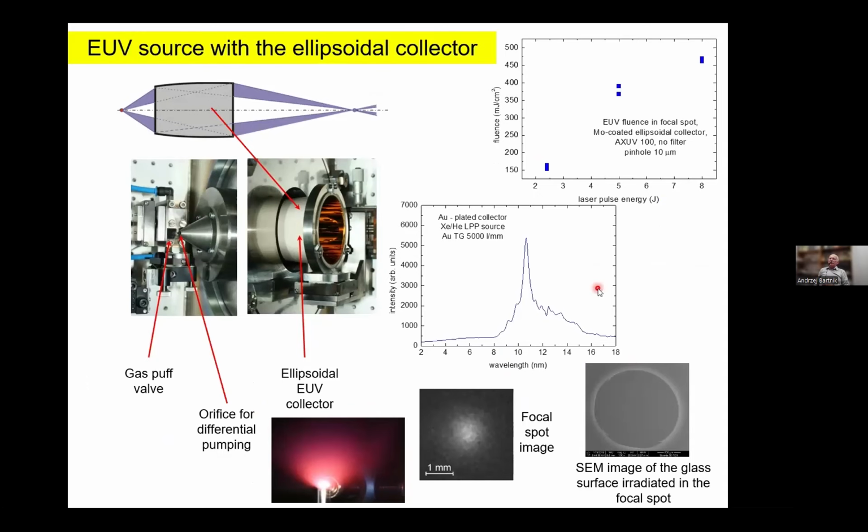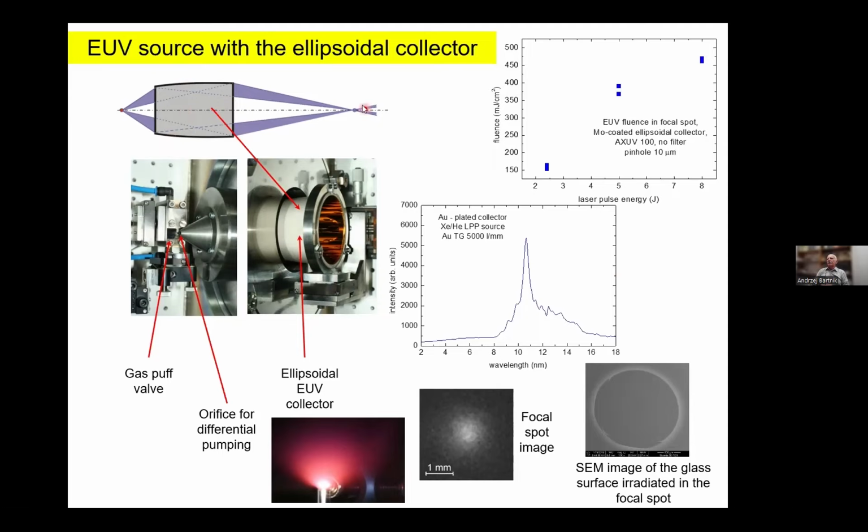The radiation emitted from plasma is emitted in full angle, 4 pi. So part of the radiation can be collected using a special mirror, for example, an ellipsoidal mirror, like in this case.